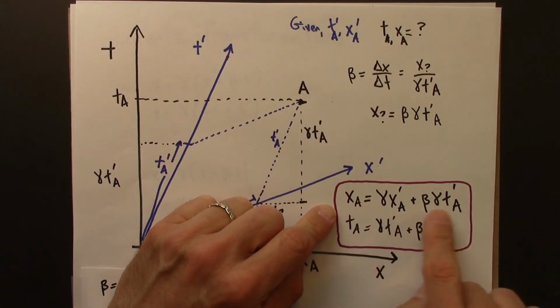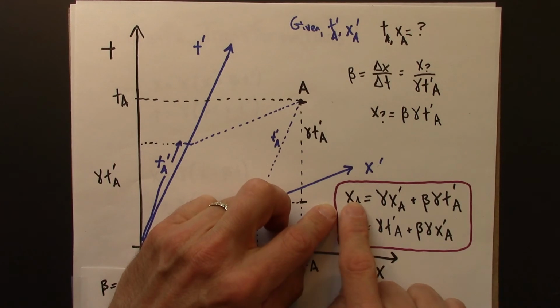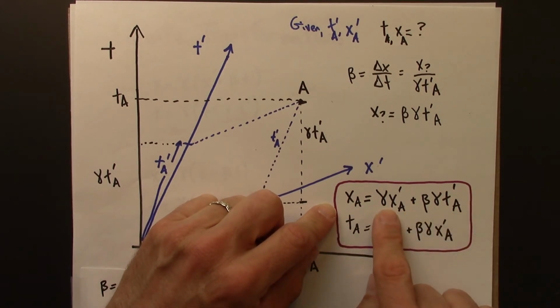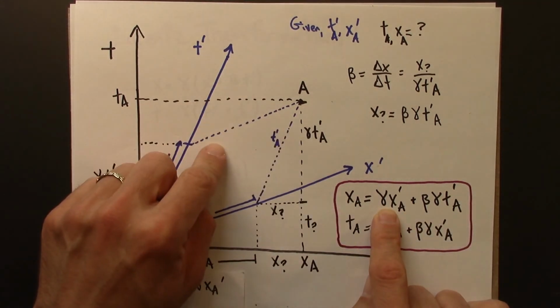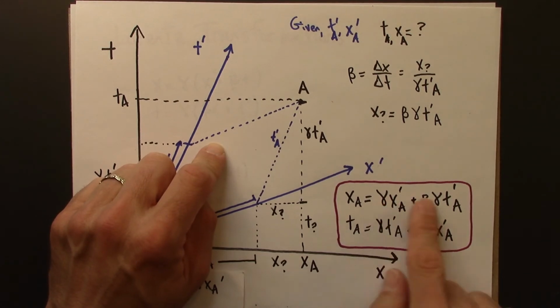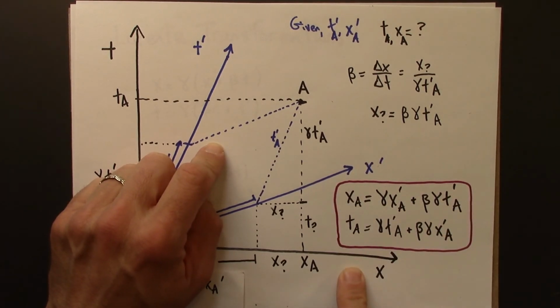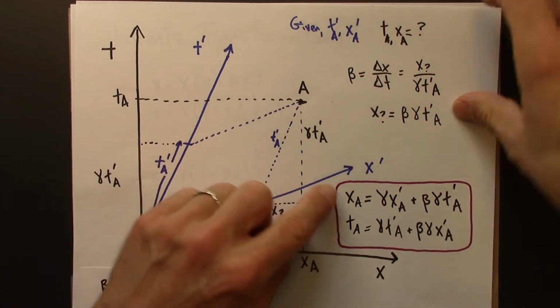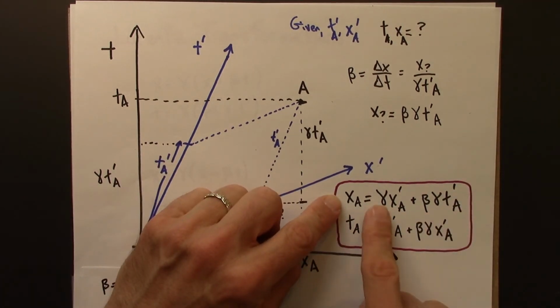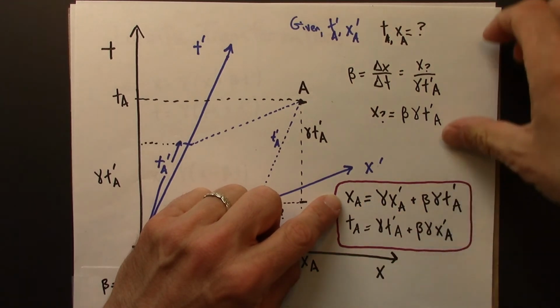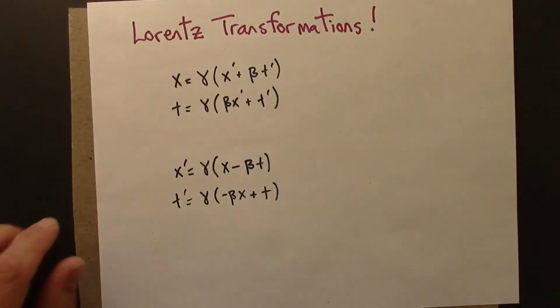So I can remove the subscript A from x and t here, and this tells me how to go for any event. This relates the primed spacetime coordinates to the unprimed spacetime coordinates. Dropping the A, I'm going to factor out a gamma, because there's a gamma in both of these terms. I end up with this.